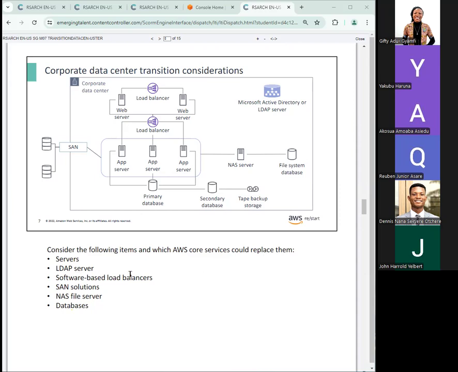And for the load balancers. The Elastic Load Balancer. We have two types of load balancers, but how come they've bundled them together? For the web server, they are going to have something like the application load balancer, right?